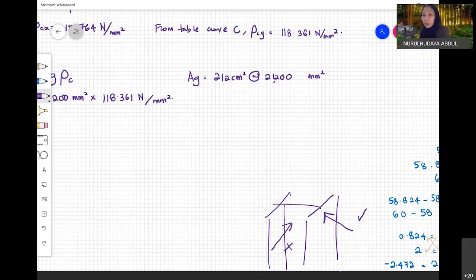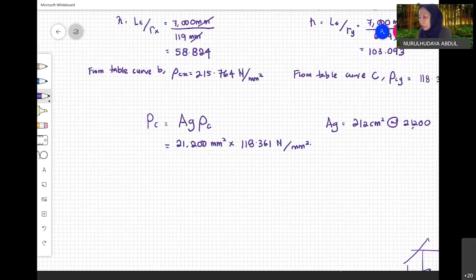Because if you take the higher value, obviously the compressive resistance will be higher. But how about the axis with lower compressive strength? We do not consider it at all. It will fail in YY though okay in the x-axis, which will cause your column to collapse. Because it does not fulfill, we must fulfill both axes. Obviously if this is fulfilled with 118.361, which is lower, the other will also be okay, because you consider both axes. So we take the 118.361.